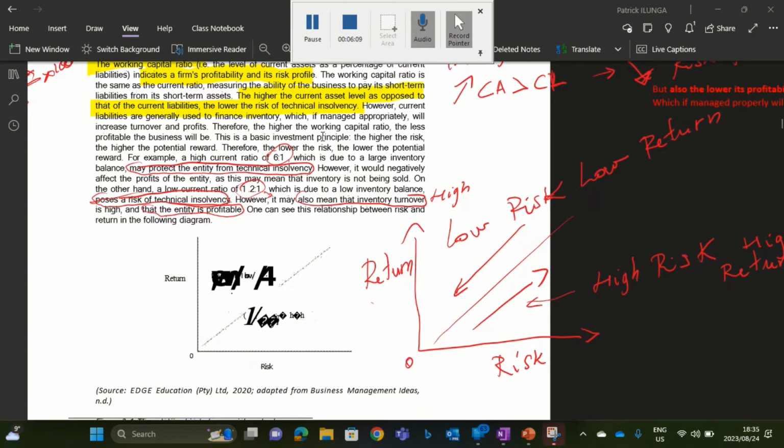So that could be good news for the company, that the company is highly profitable and is very good at what they are doing. So they took the risk, which is in the form of taking more inventory on credit, but they managed that risk and converted that credit into cash and profit.